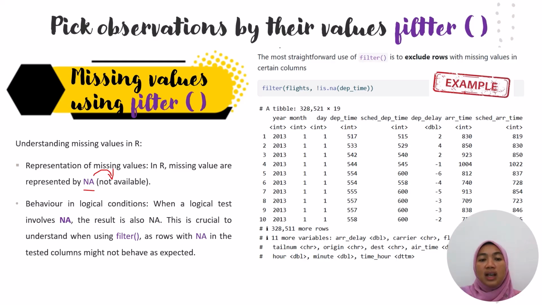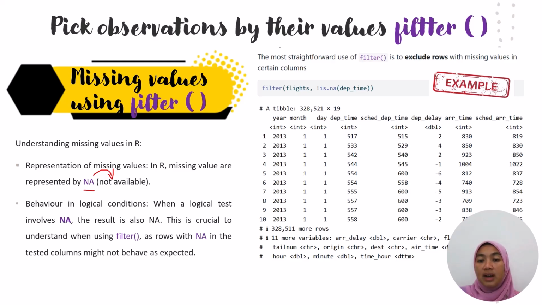Regarding behavior in logical conditions, when a logical test involves NA, a missing value, the result is also NA. This is crucial to understand when using filter, as rows with NA in the tested column might not behave as expected. The more straightforward use of filter is to exclude rows with missing values in certain columns.